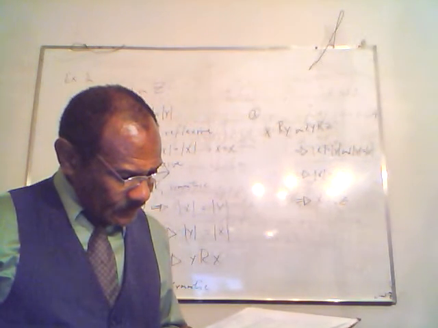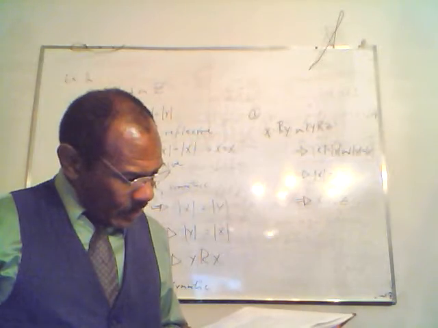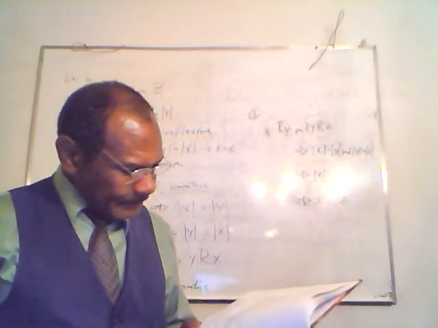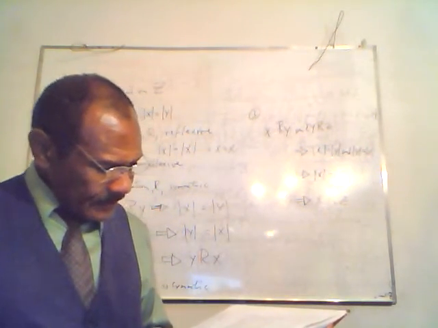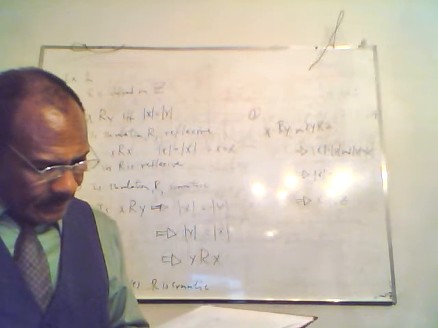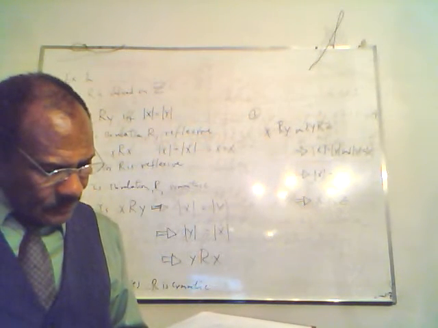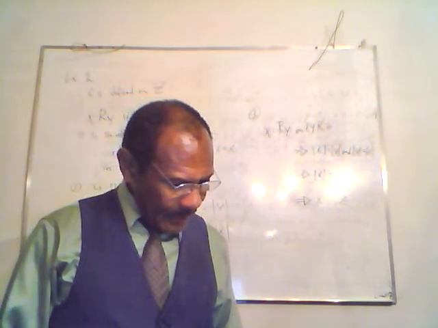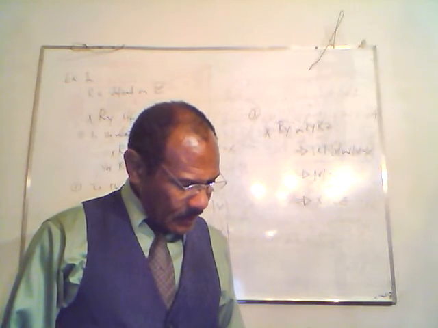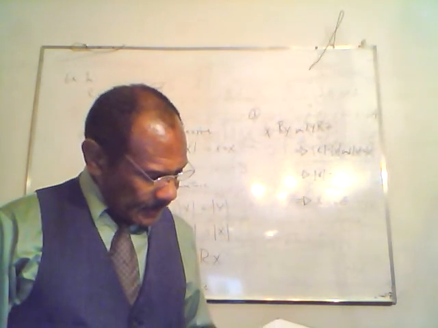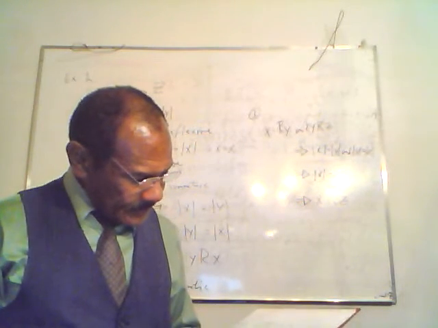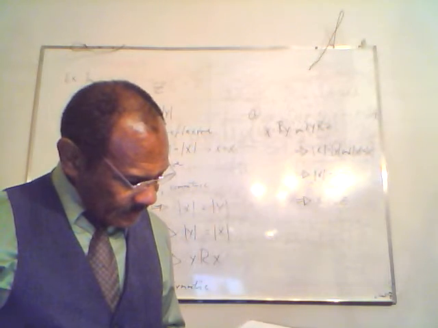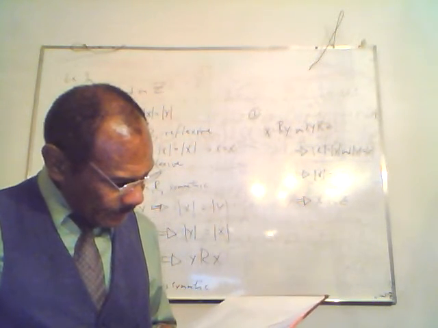Thus, x is congruent to y modulo 4 if and only if x minus y equals 4k for some integer k. We demonstrate that this is an equivalence relation for arbitrary x, y, and z in Z. So for number 1, x is identical to x modulo 4 since x minus x is equal to 4 times 0.